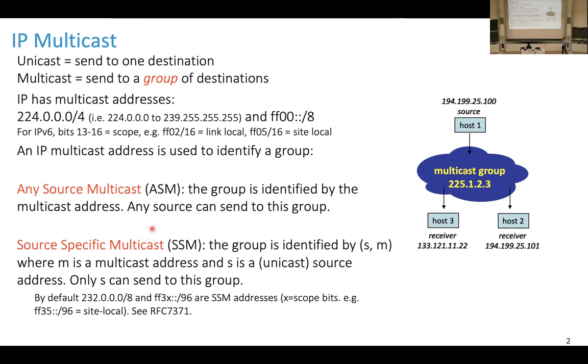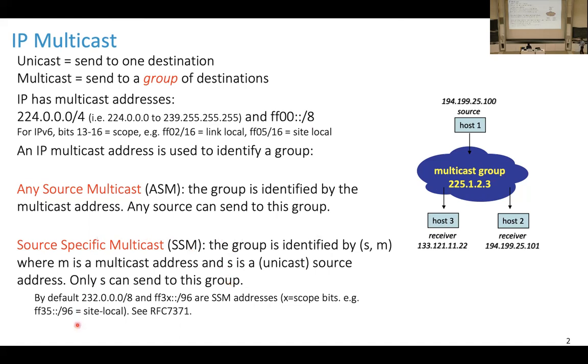In that case, the group is identified by the combination of the source's unicast address S and the multicast address M. So here the source is explicitly identified. This is more in line, as I said before, with a video sender: if you want to send a video to several hosts, you can use source-specific multicast.